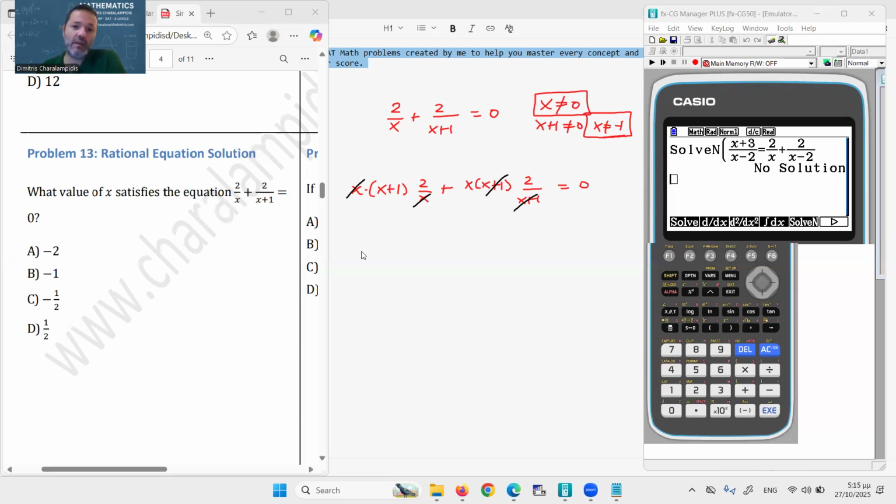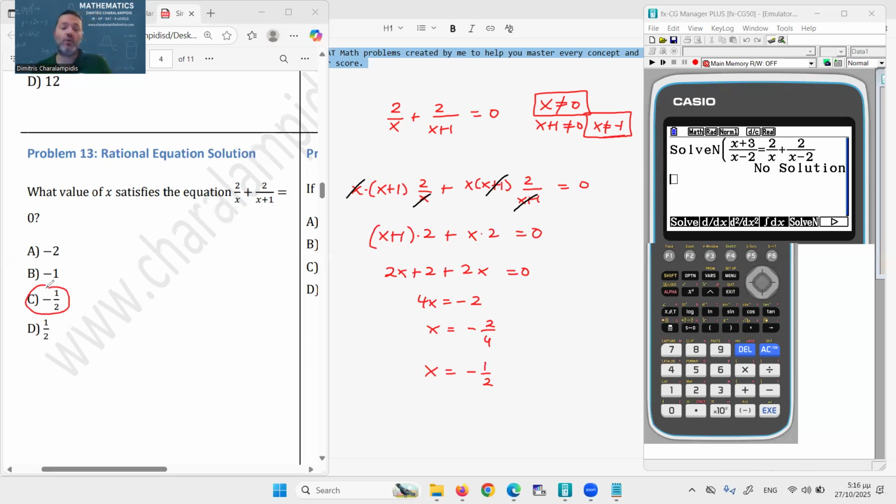So I'll be left with x plus 1 times 2 plus x times 2 equals 0. 2x plus 2 plus 2x is 0. 4x is -2, so x is minus 2 over 4, which means that x equals -1/2. So we find already that the correct answer would be C.